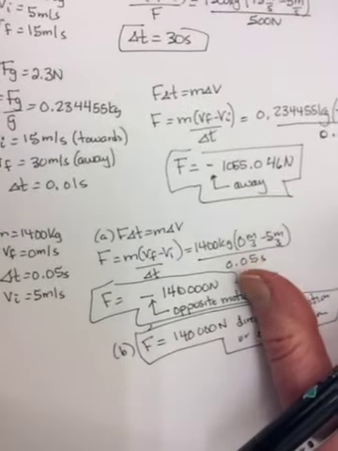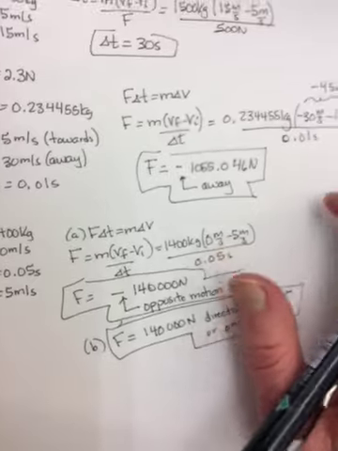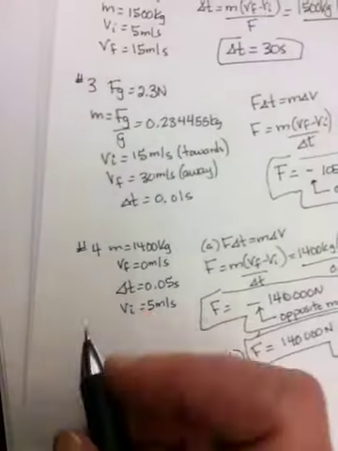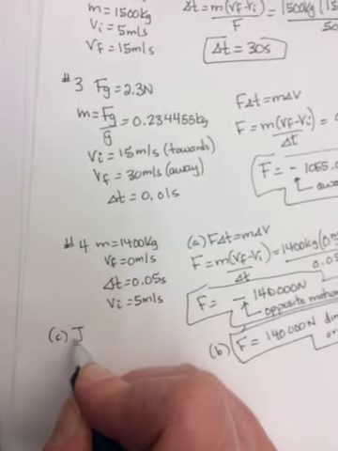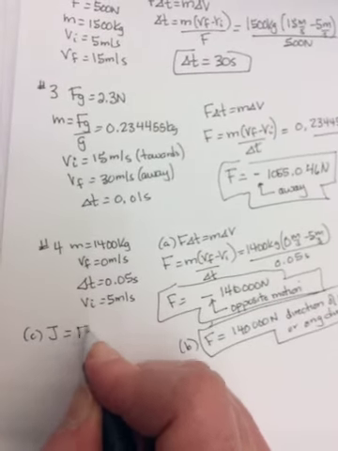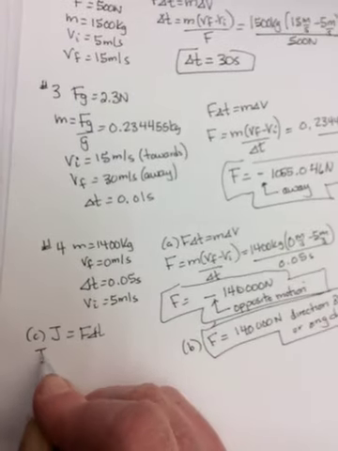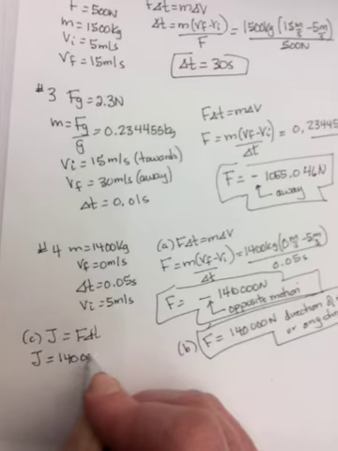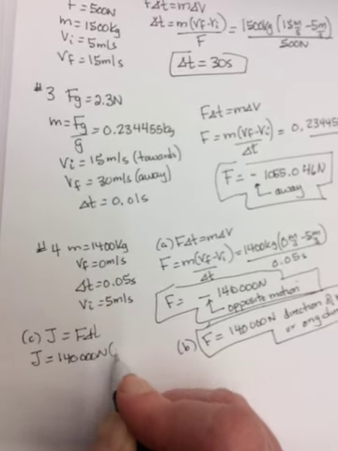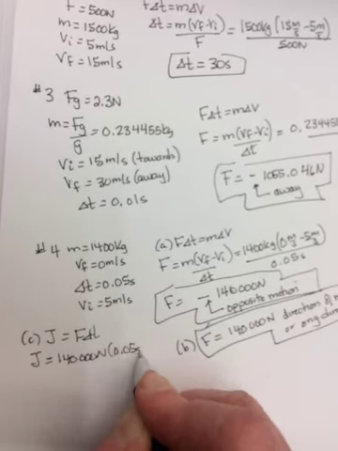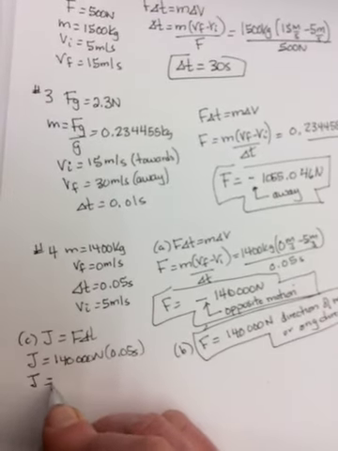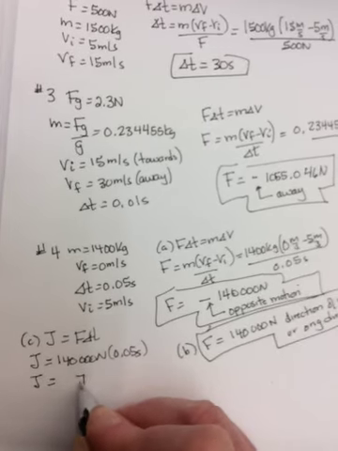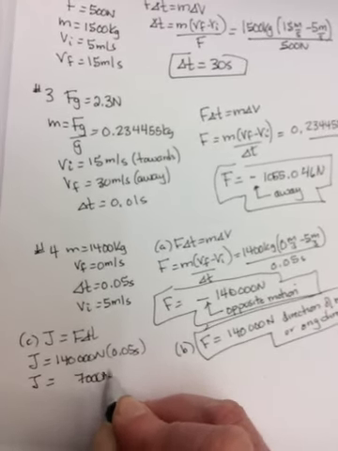So that's B. C, what is the impulse that the car experiences? So remember, impulse, J, is equal to, you could actually use F delta T. So J is equal to 140,000 newtons times 0.05 of a second. You should get 7,000 newton seconds.